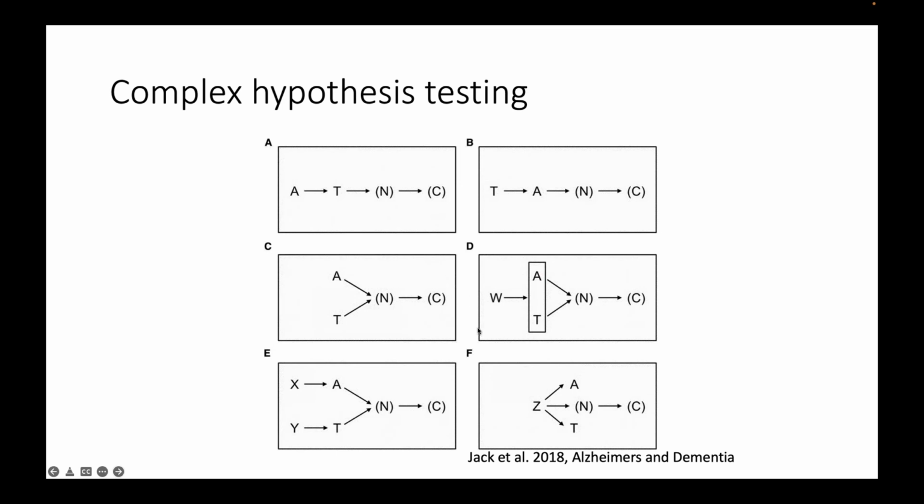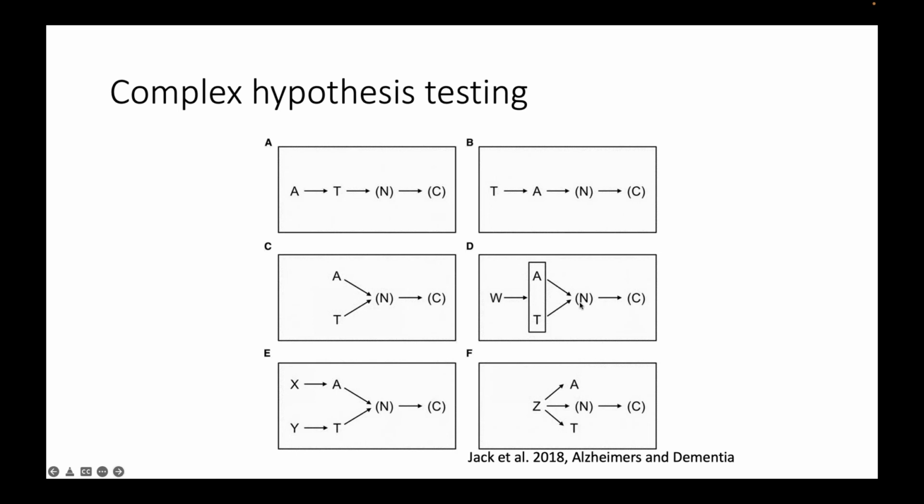So the very classic sort of Alzheimer's disease is that you first have amyloid deposition that leads to tau hyperphosphorylation, afterwards leading to neurodegeneration, which leads to cognitive impairment. But there are also other possibilities thinkable. For example, vice versa, the tau is the beginning. But it's also possible that another factor, for example, the immune system, leads to the deposition of both amyloid and tau, which afterwards leads to the degeneration.